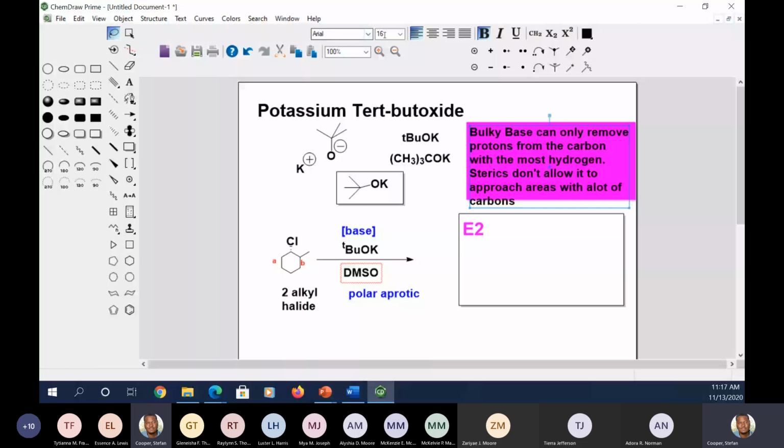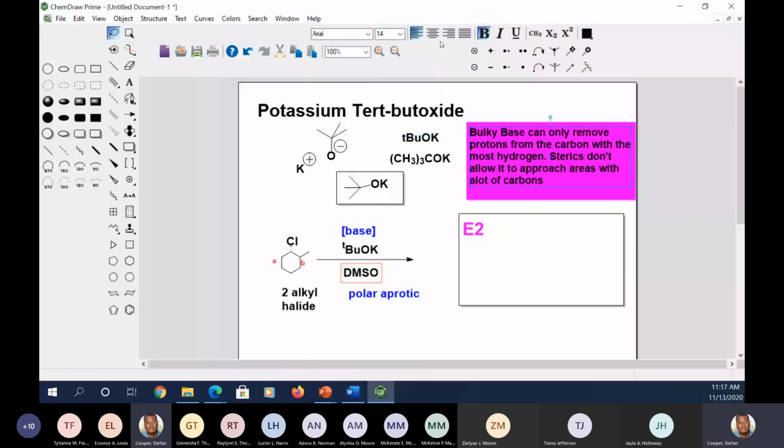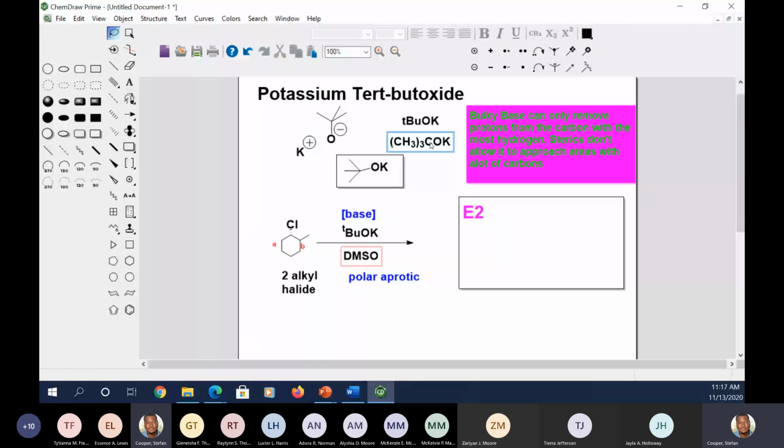When you label A and B, you're just labeling the different carbons, right? Yep, I'm labeling the carbons that have H's that could potentially be removed. Okay. Yeah, that's exactly what I'm trying to do. Okay, so in this case here, bulky bases have an issue with sterics. All right, so if I look at A, how many hydrogens on the A side?